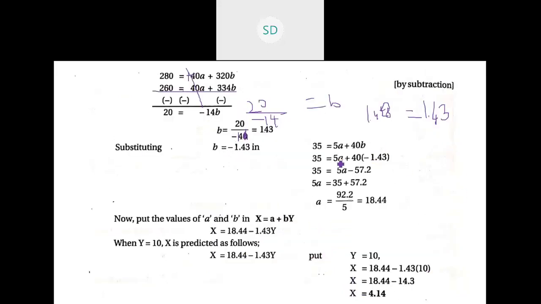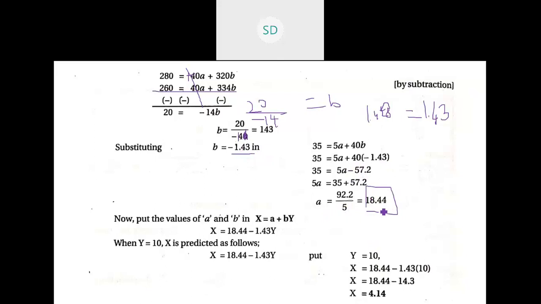Now 35 is equal to 5a plus 40 into minus 1.43. Now once I multiply this and simplify, I will be getting the value of a as 18.44. Okay, so I know the value of b, which is minus 1.43. I know the value of a, which is 18.44.